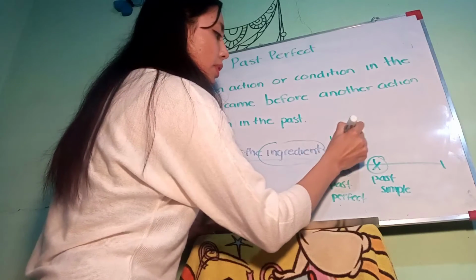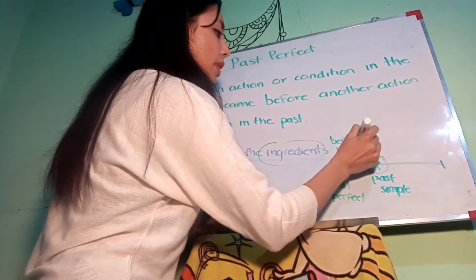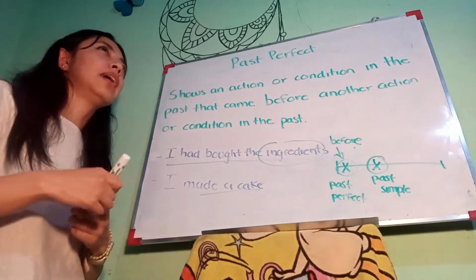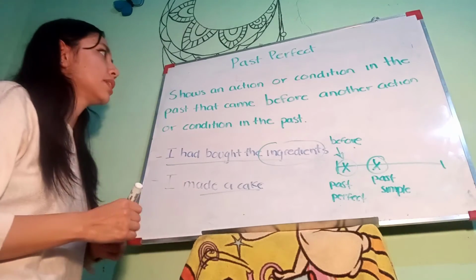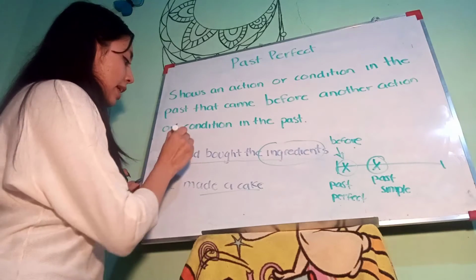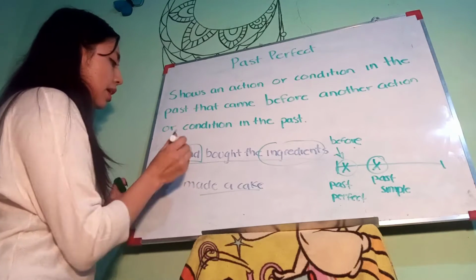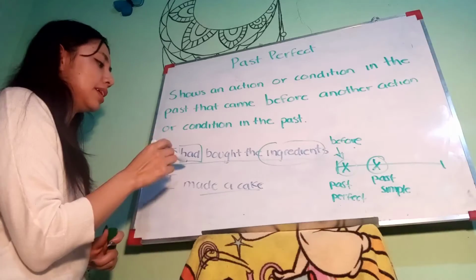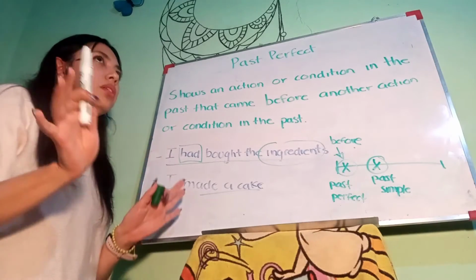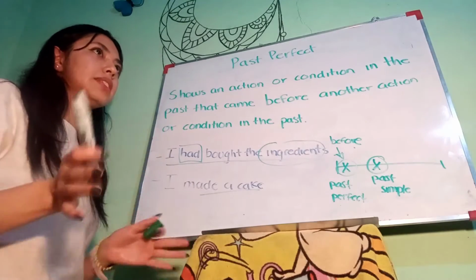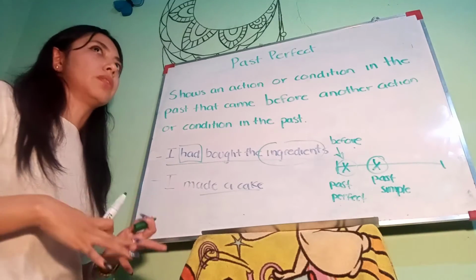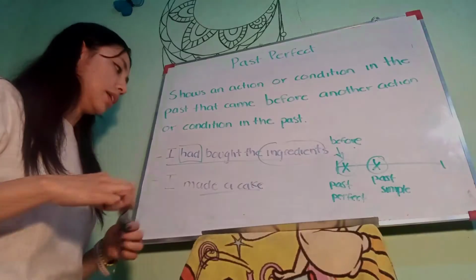It is before. It's a little bit easier than the present perfect because in this case we need only one auxiliary, that is have. You can use it with any subject: first person, second person, third person, and plural.